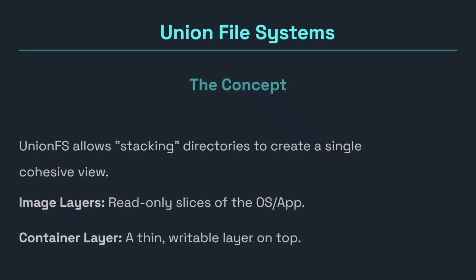UnionFS allows stacking directories to create one single cohesive view of the file system. The structure of the file system contains layers. Image layers are read-only slices of the operating system and application. The container layer is a thin, writable layer placed on top of the image layers.